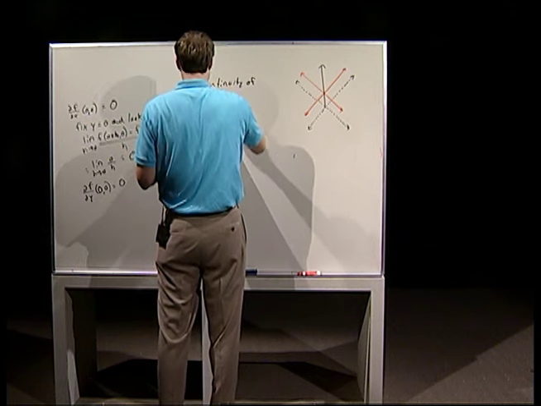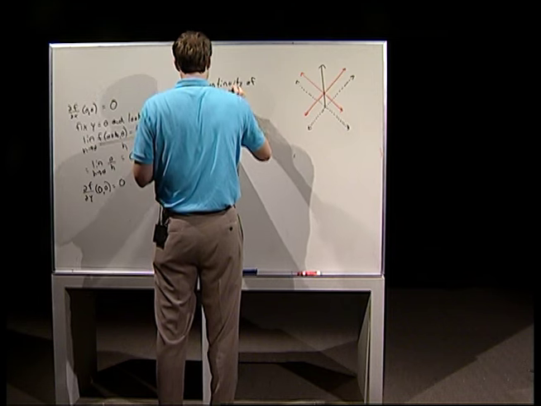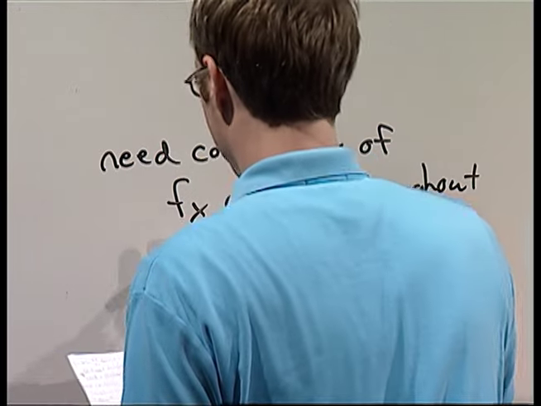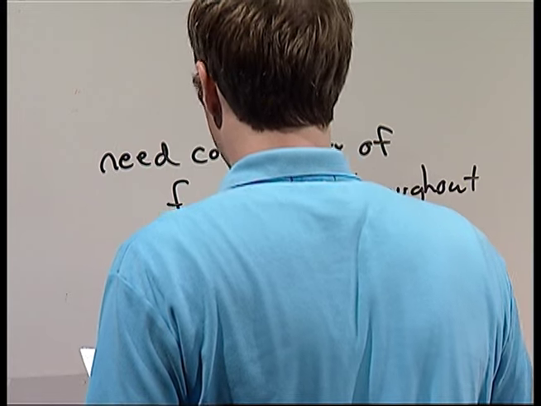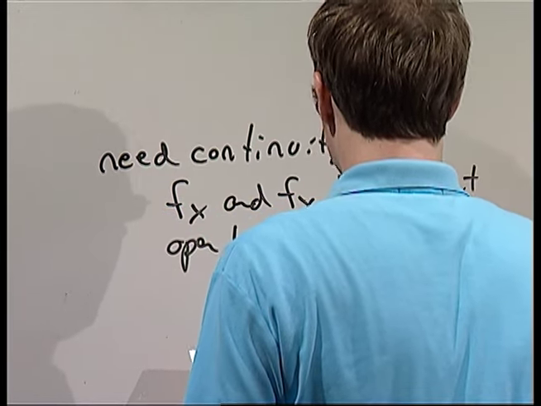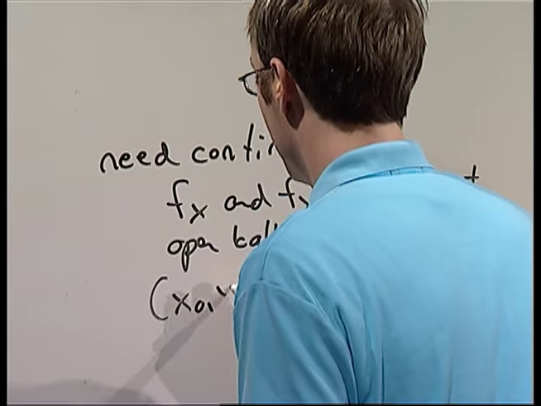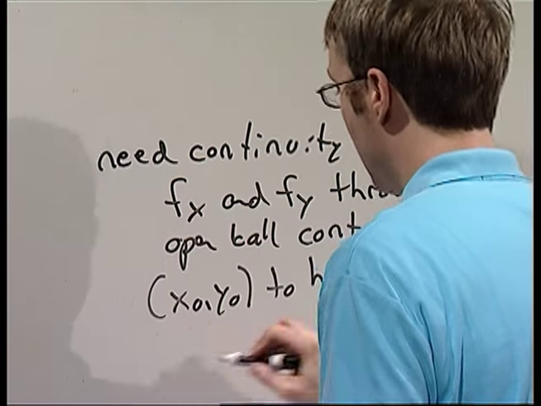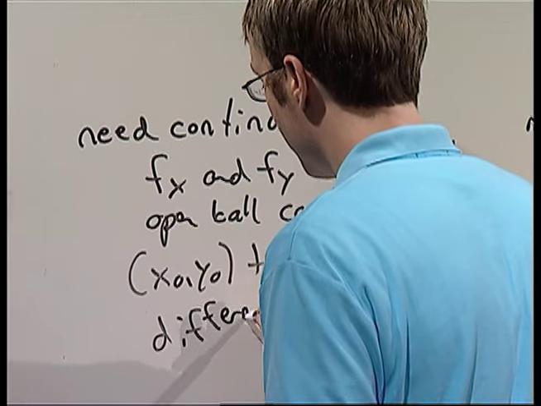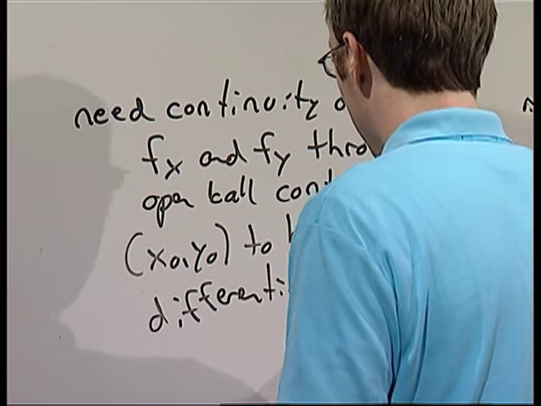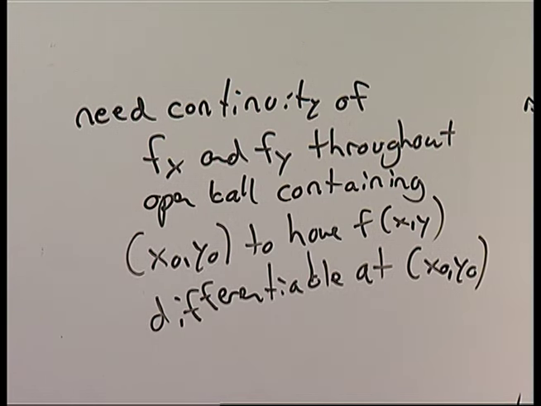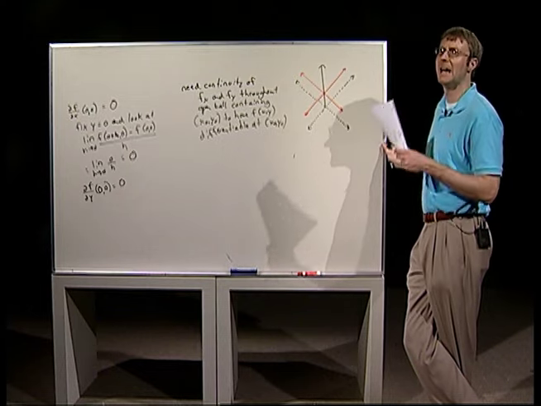So we need the continuity of fx and fy throughout an open ball containing (x naught, y naught), in order to have f(x,y) differentiable at (x naught, y naught). So we can't just have partials sitting there. We've got to have the partials, and they've got to be continuous.